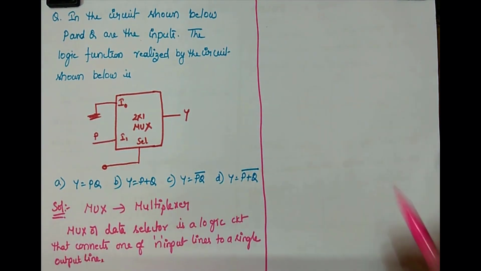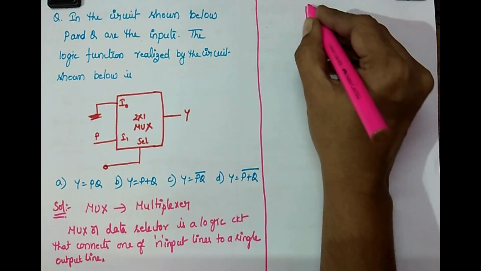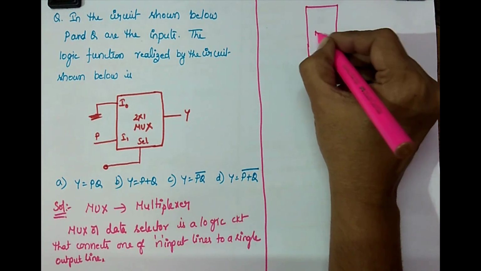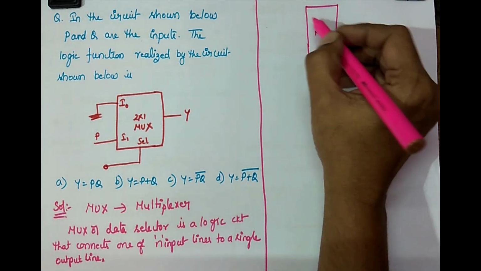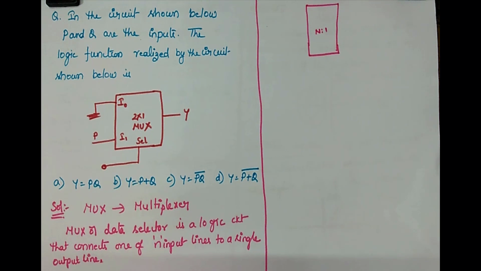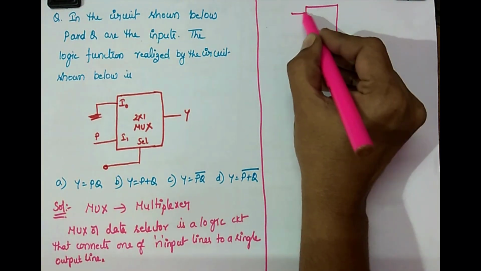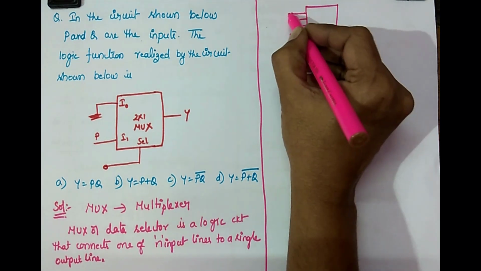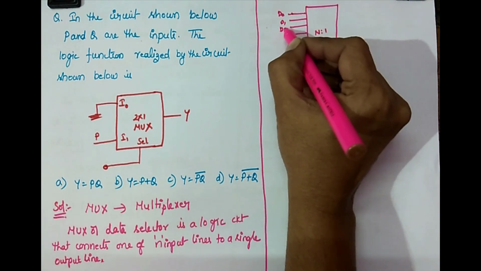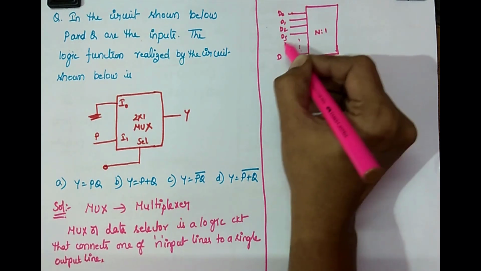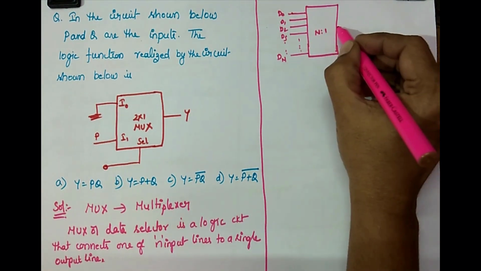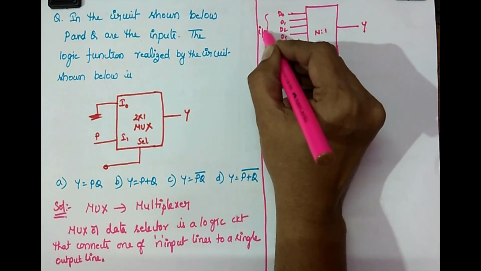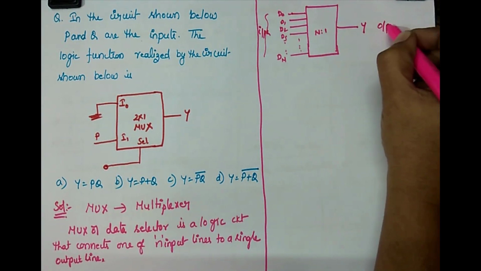I'll explain by a diagram. Suppose it is your mux, let it be an n:1 mux. So you're going to have many inputs like this: D0, D1, D2, D3, etc., Dn. And you're going to have only one output. So these are all inputs and this is the output.